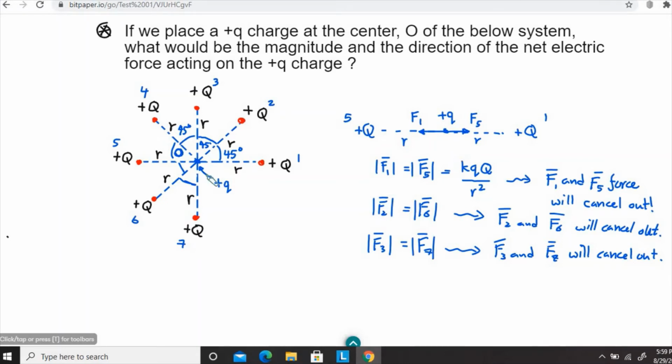So the only remaining charge is this charge that I have labeled as 4. That's a positive charge, and at the center we are placing a positive charge. So as a result, this fourth charge is going to exert a repulsive force. So if we draw that force, I'm going to draw like the axes.